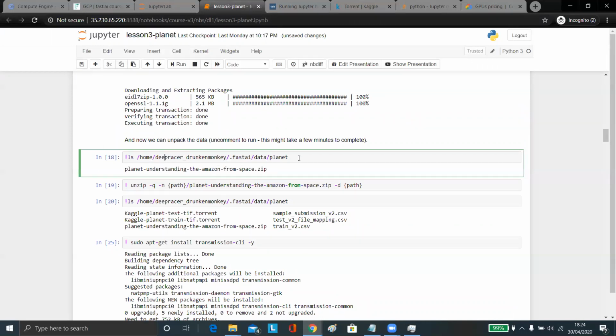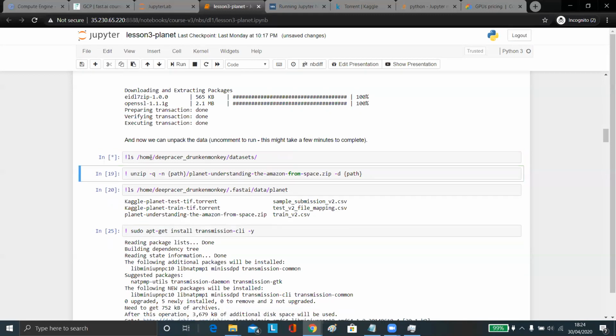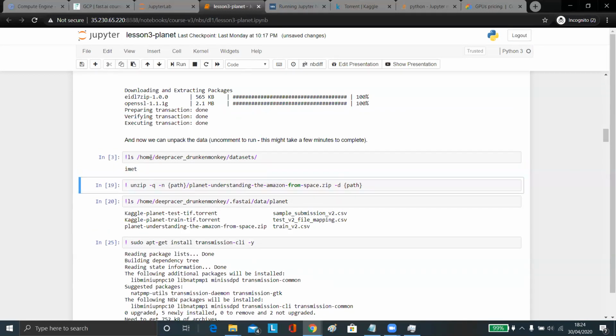And let's try and use where our data is. So data set. So we'll go to the imet directory.